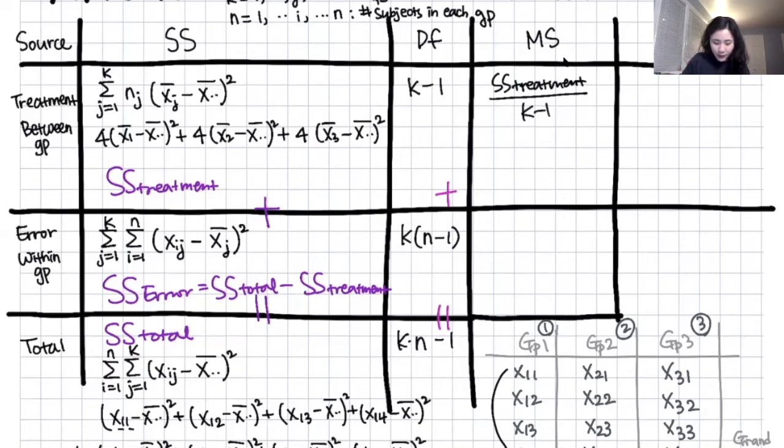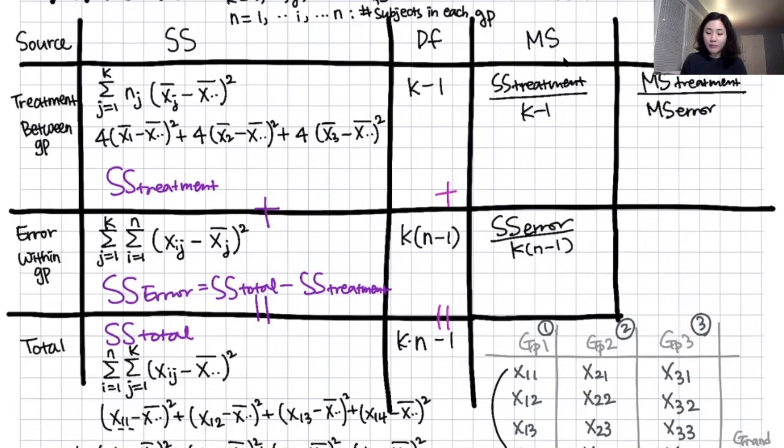And mean square error is the sum of squares error divided by the degrees of freedom of error. So I can rewrite the degrees of freedom of error as k times n minus 1. And the F value is mean square treatment divided by mean square error.